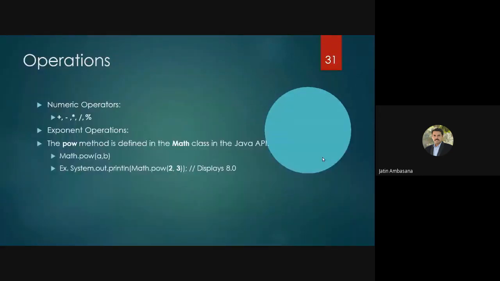Now we have also seen operators already, but there are math operations also, right? These are arithmetic or numeric operators, specifically addition, subtraction, multiplication, division, and modulus operator. Now there are some methods also available in the Math class that can do mathematical operations.